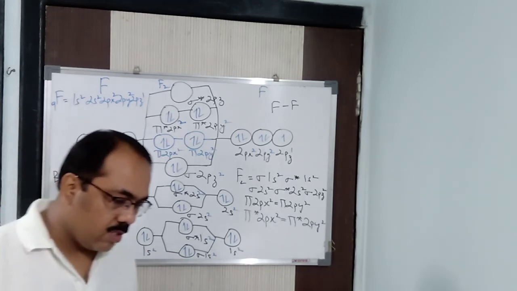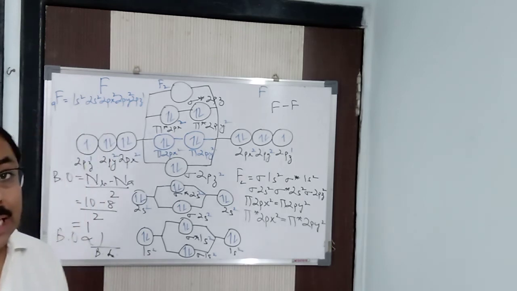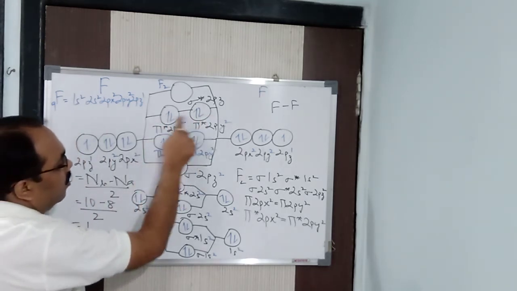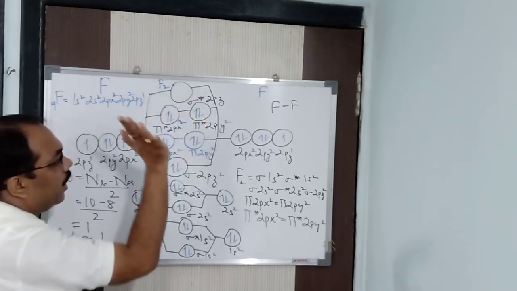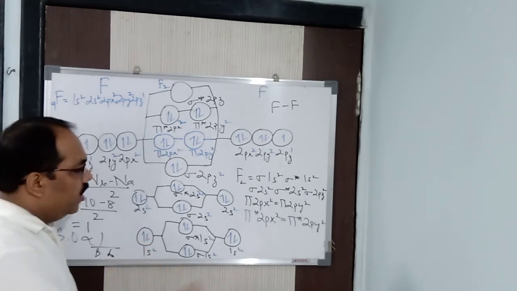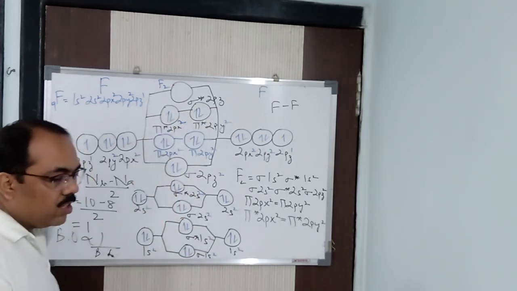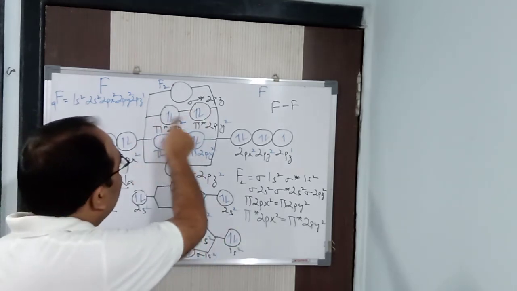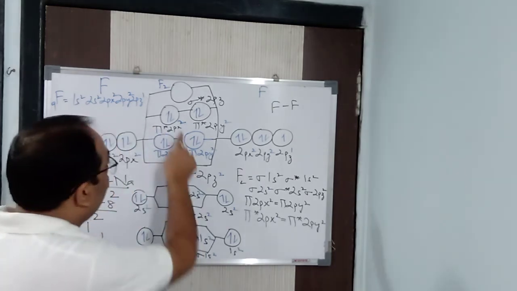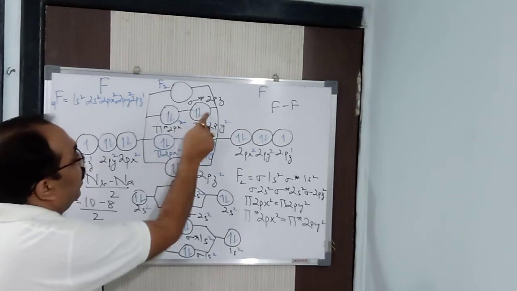Clear? Now one more thing, magnetic nature. Here the outermost orbital is fully filled, so it is diamagnetic. We are concerned only with the outermost, because the innermost will always be fully filled. You have to see the outermost orbital, subshell or shell. Here all are paired.